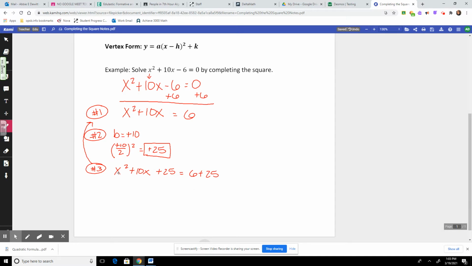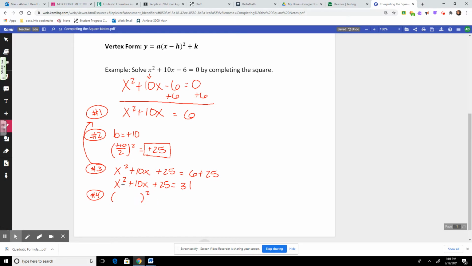And when I add 25 to both sides, I'm going to simplify this: x squared plus 10x plus 25 equals, combining 6 and 25, 31. And step number 4 says to write the trinomial in factored form as a square of a binomial. So I'm going to write this trinomial as a square of a binomial.